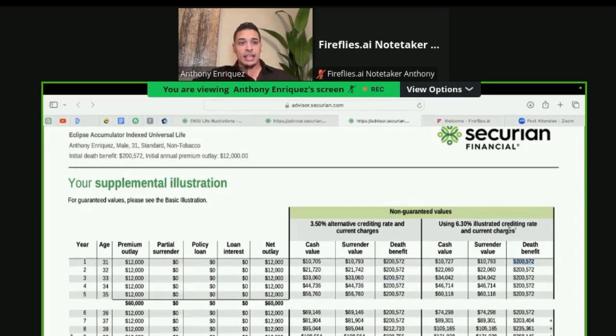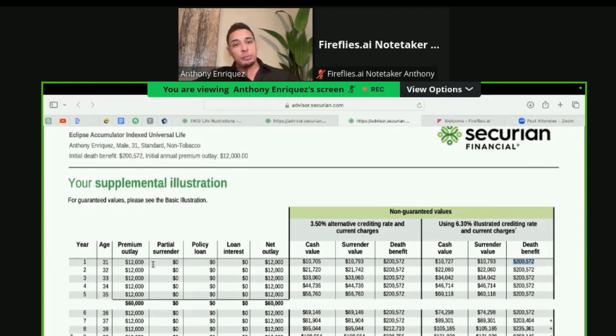In this case, at my current age, health, and gender, because males are a little bit more of a risk in the insurance eyes, females get a little bit better leeway as far as how much they're able to be approved for. Based on those factors, age, health, as well as male or female, and then the death benefit size, this is the specific amount that the IRS will allow me to put in: $12,000 and not a dollar more.